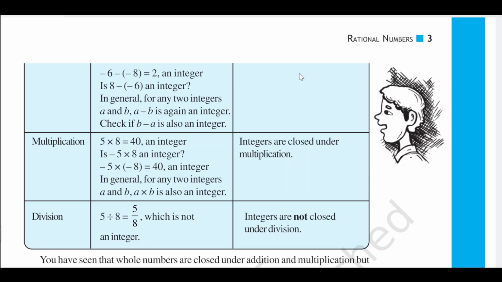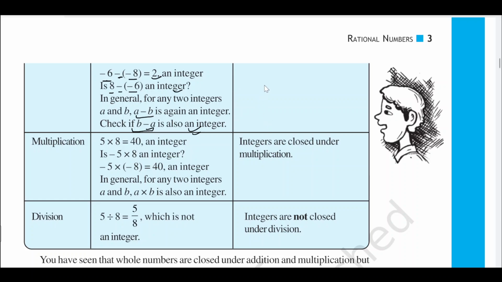Closure property is being followed. 6 minus minus 8, we get 14. 8 minus minus 6 is an integer. So in general, for any two integers a and b, a minus b is again an integer. Check if b minus a is also an integer. Yes, we had just checked.